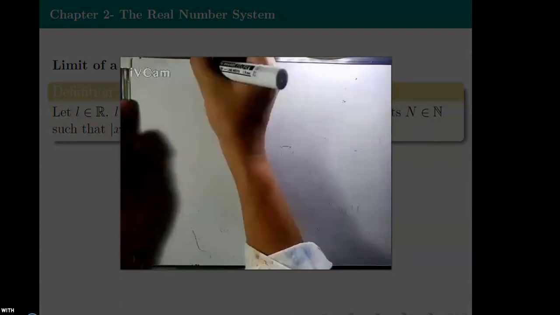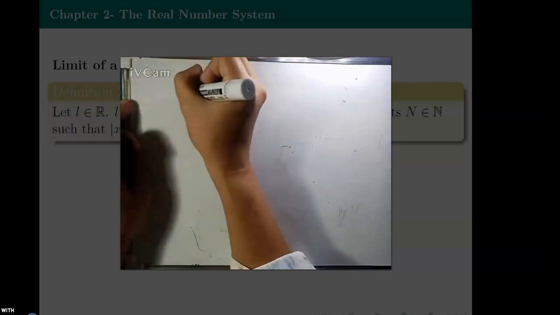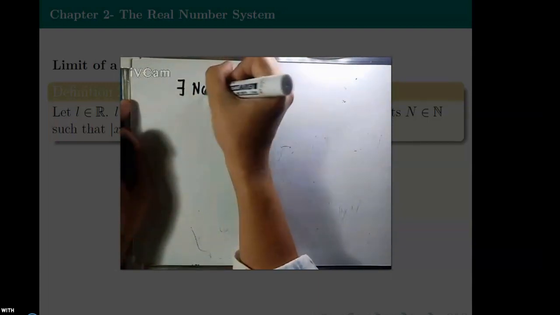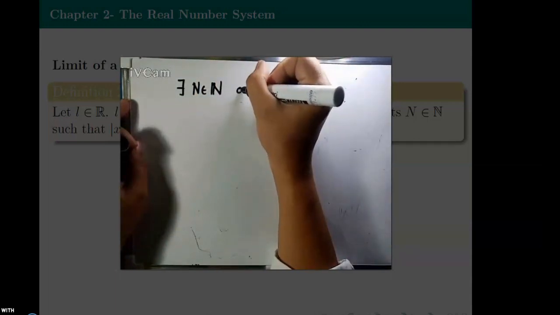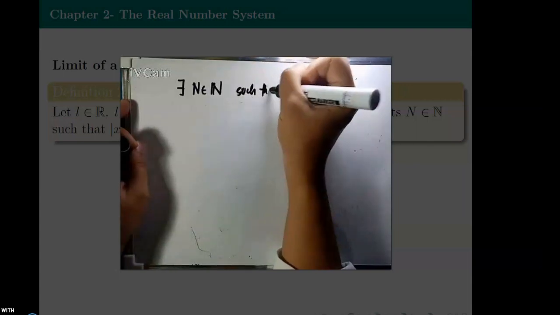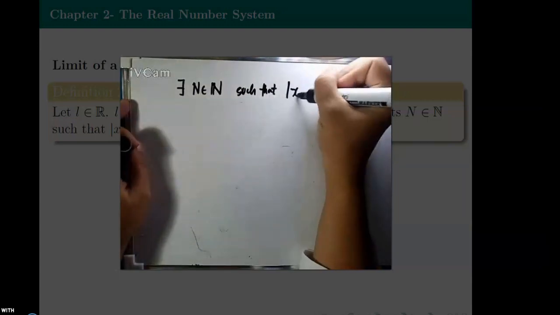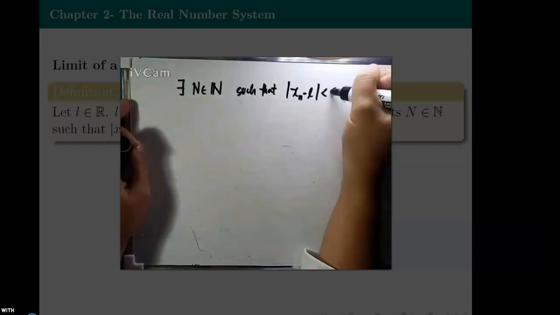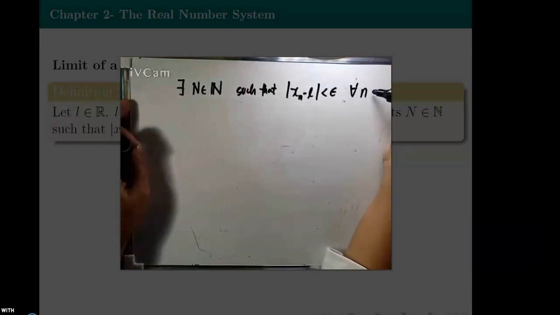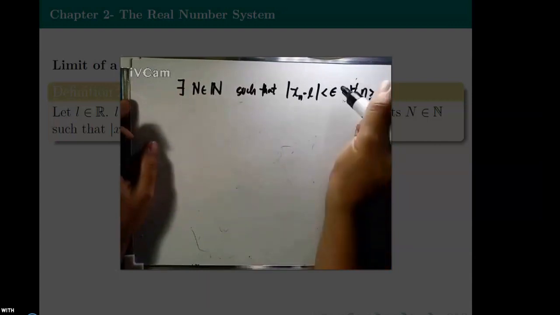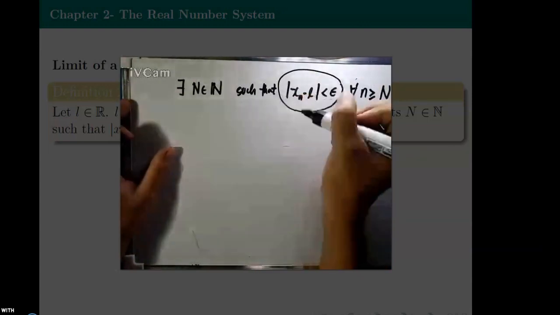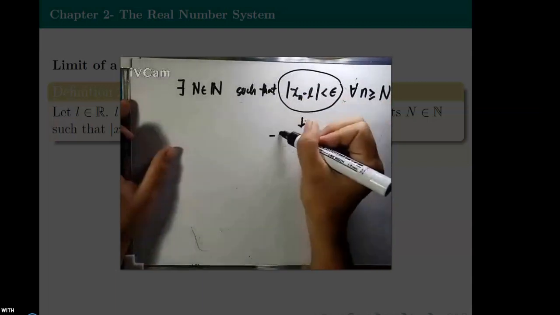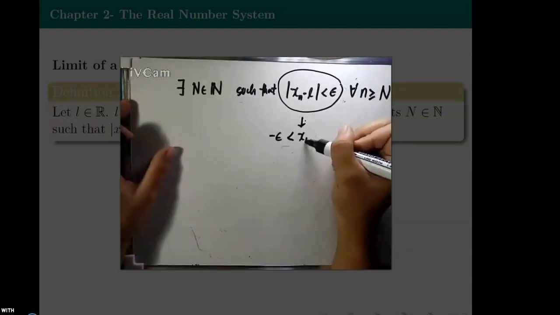Let's have this first. There exists big N, a natural number, such that this holds for all n greater than or equal to big N. So when you have this one, it means that we have negative epsilon less than x of n minus L less than epsilon.